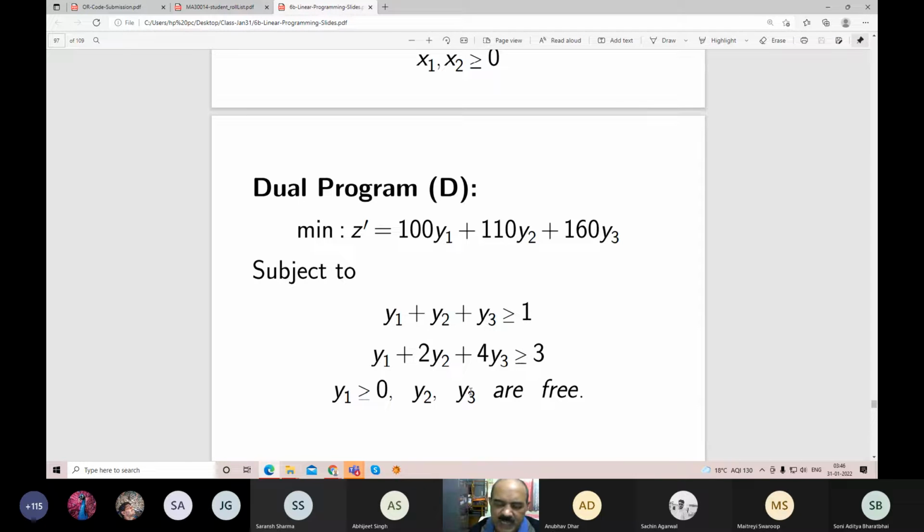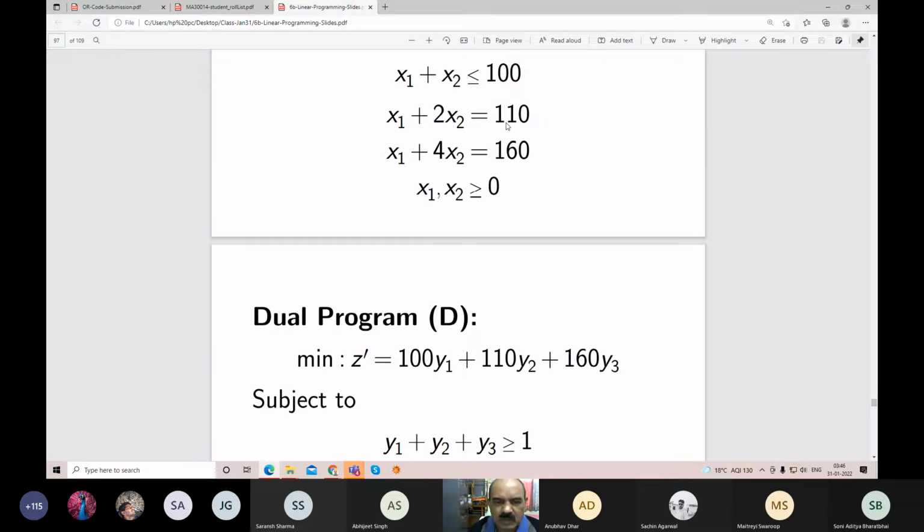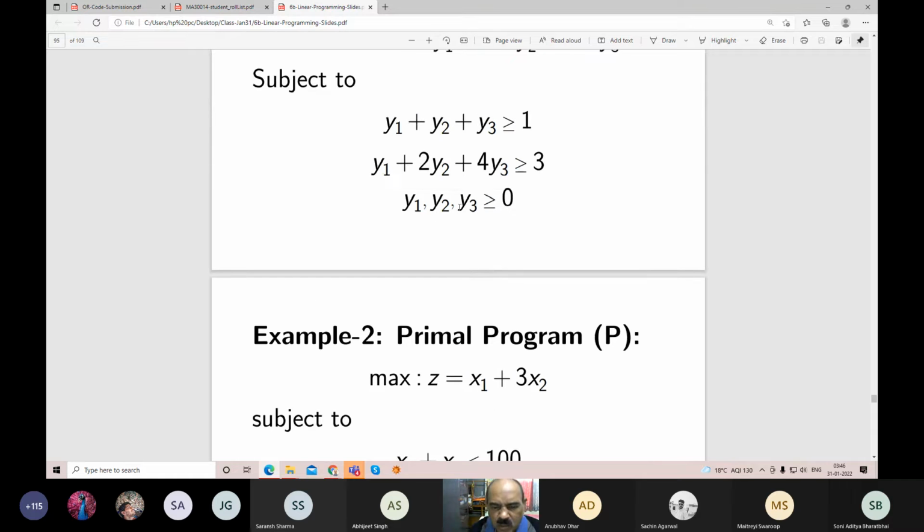A free variable can take any value. Okay, so whatever is given, suppose y1, y2, y3 non-negative. This non-negative condition, these variables are non-negative. Say, y1, y2, y3 are continuous variables or discrete variables?